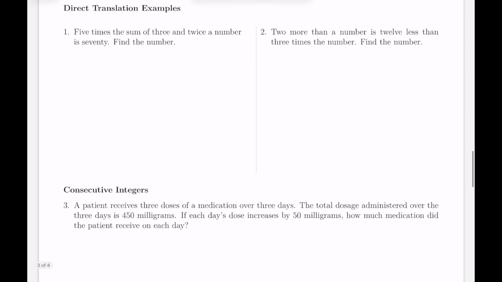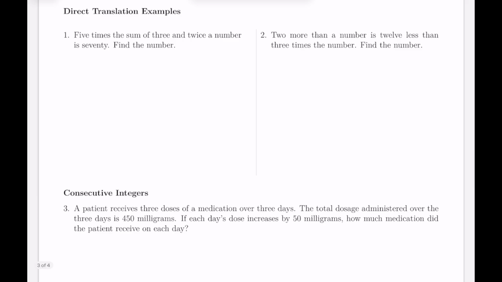Okay. All right, let's try to use some of these tactics to translate some problems and solve. So: 5 times the sum of 3 and twice a number is 70. Find the number. Okay, so I do know that when it's all said and done, this idea of find the number, my answer is going to be something like 12, right?